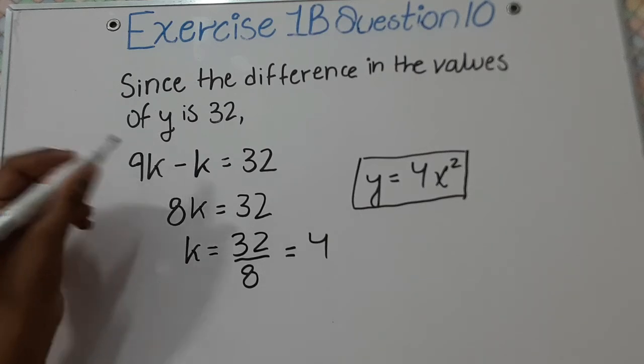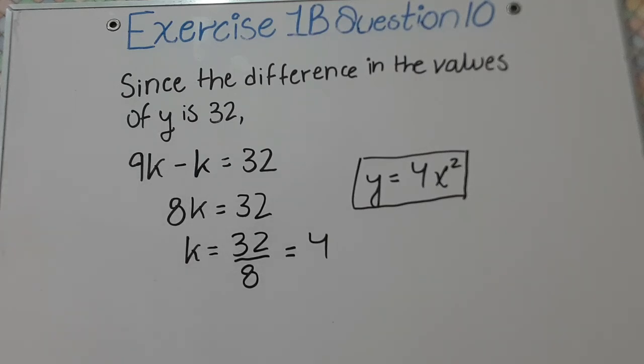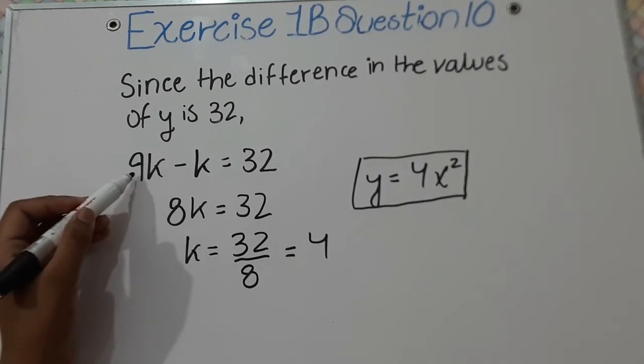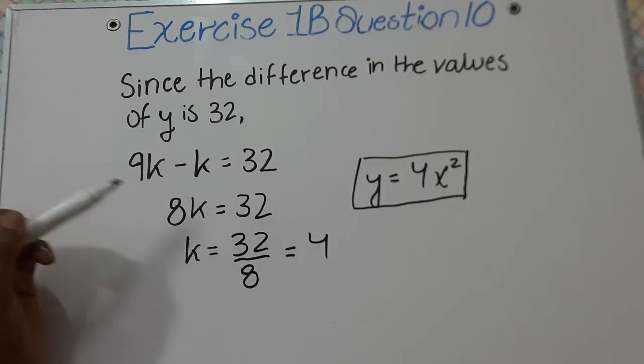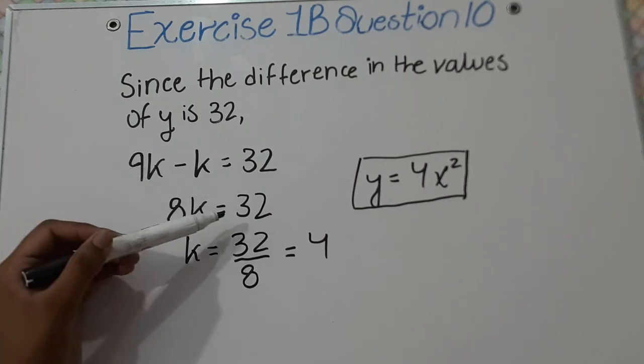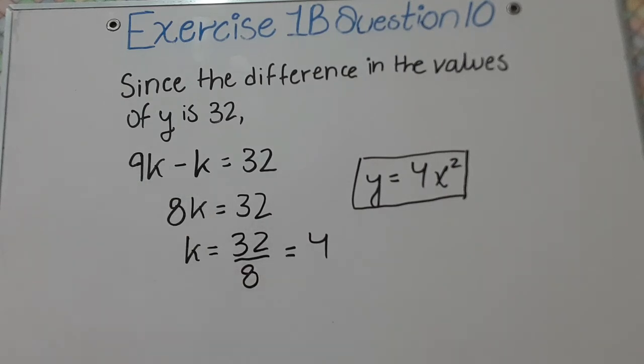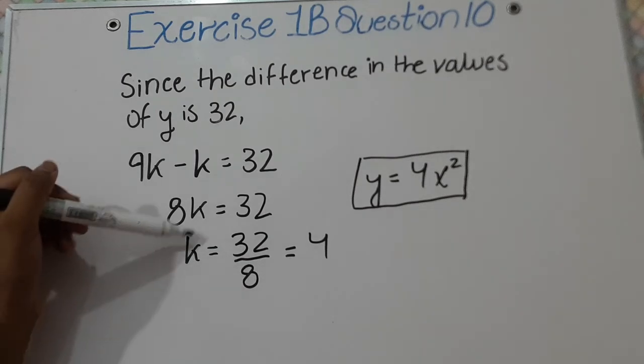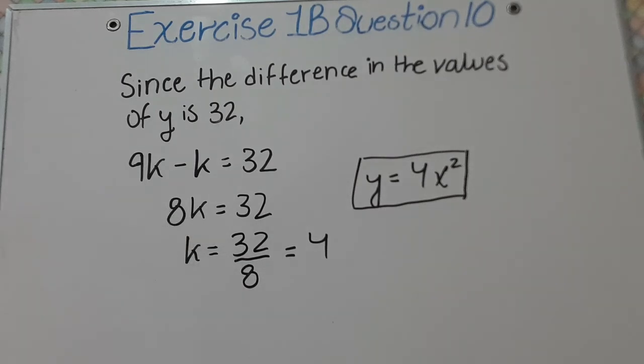So we subtracted the values of y from the previous part. The values of y were 9k and k, and the difference was 32. After subtraction we get 8k equals 32, and then we divided and landed on the final value of 4, which was the value of k, and the final formula was y equals 4x square.